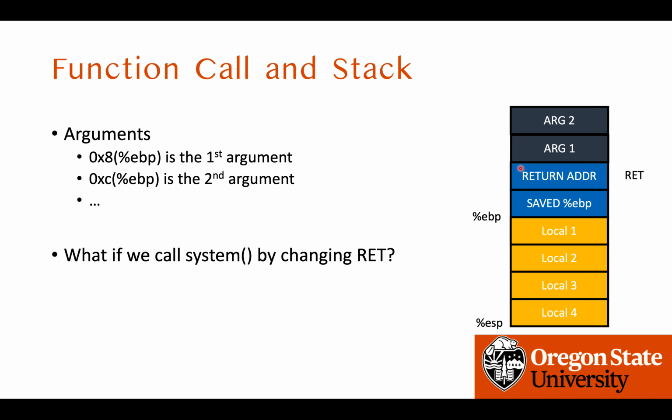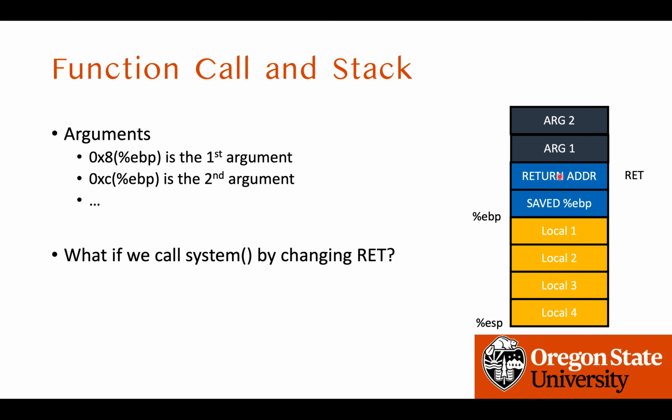Then what information is stored at EBP plus 8 and EBP plus C? At EBP plus 8 we have the first argument of this function, and EBP plus C stores the second argument of this function. Then what will happen to our program's stack when we call the system function by changing the return address?